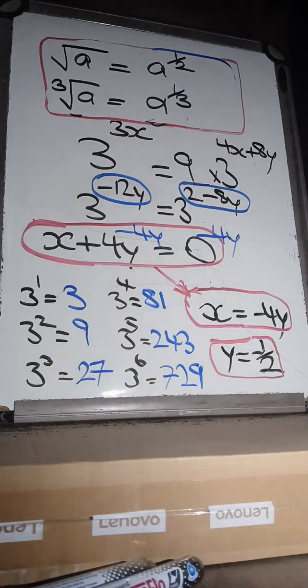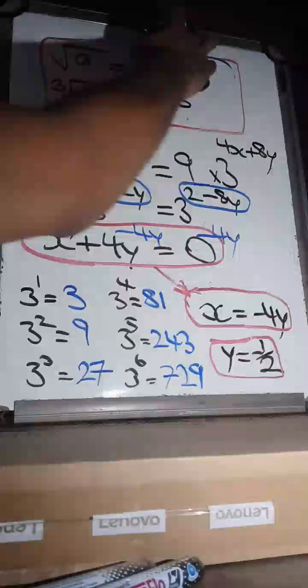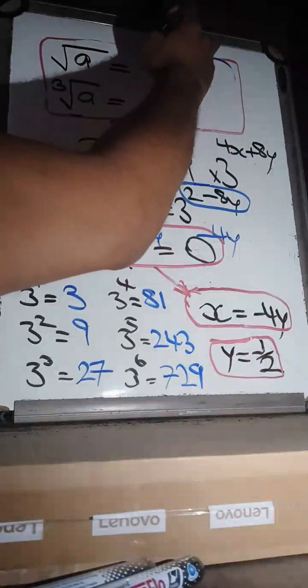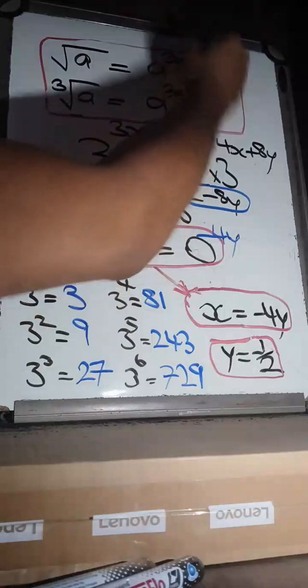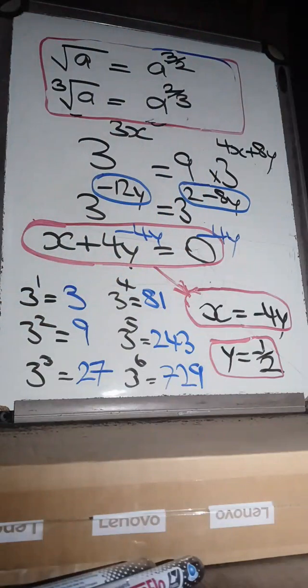Because sometimes they say, well, what if I wanted you to find a to the 3 over 2 and a to the 2 over 3? What would that look like?